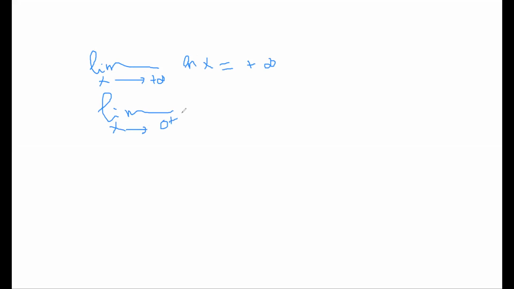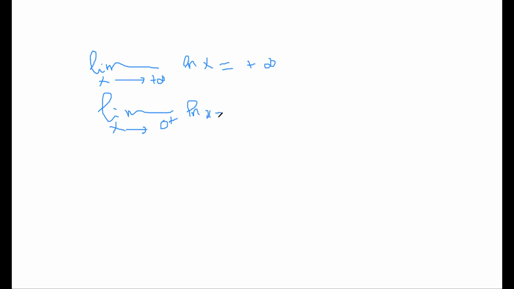Do you remember the limits we still have in this chapter? What are the important limits in this chapter? What is the limit as x tends to plus infinity of ln x? Plus infinity. As x tends to 0, the limit of ln x is minus infinity.